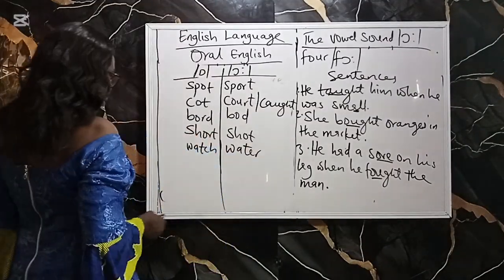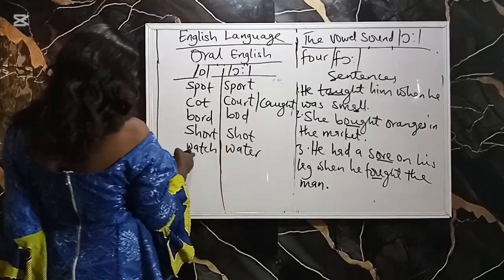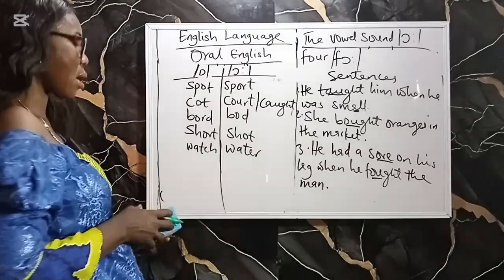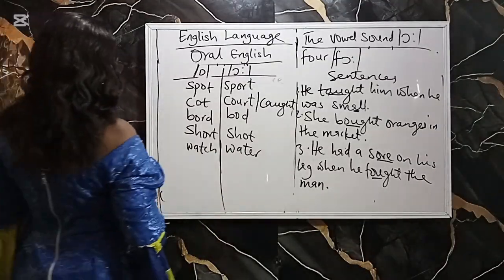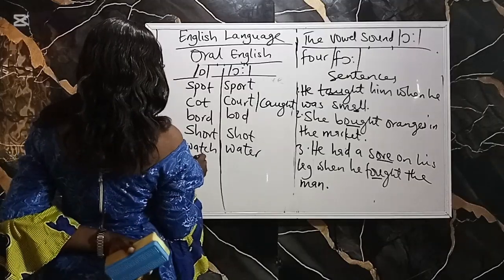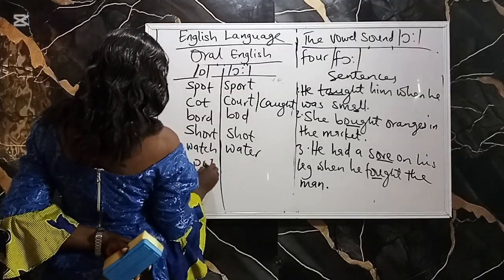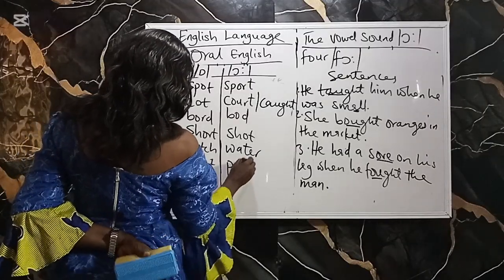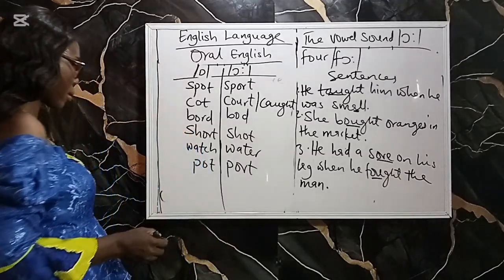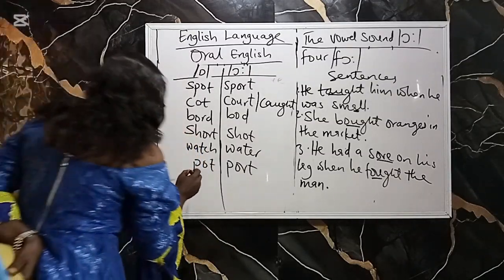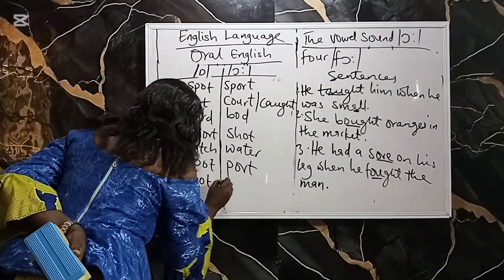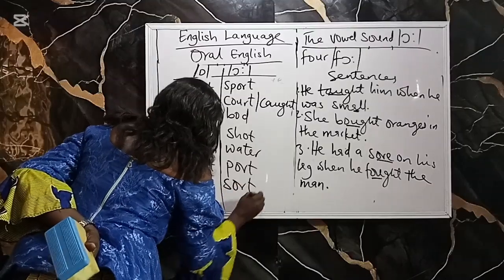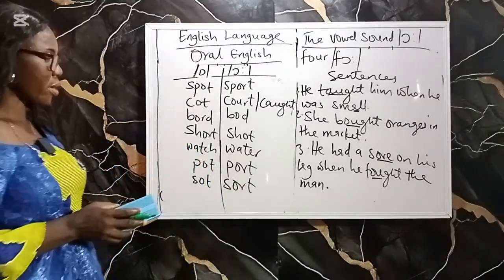Okay, water. This one is long O sound, this one is short O sound. Okay, we have pot, pots. Okay, we have salt. So that is where we are going to end it.